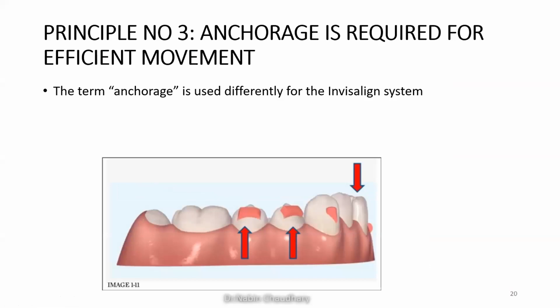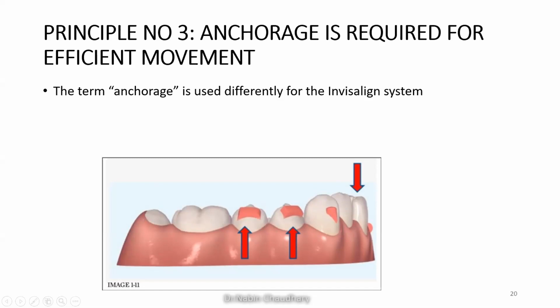Now another principle is that anchorage is required for efficient movement. The term anchorage is used differently in the Invisalign system. For example, in the correction of the curve of Spee in the mandibular arch, intrusion of the mandibular incisors is required. However, when the mandibular incisors are intruded using the Invisalign system, the clear aligners will be displaced from the posterior teeth.